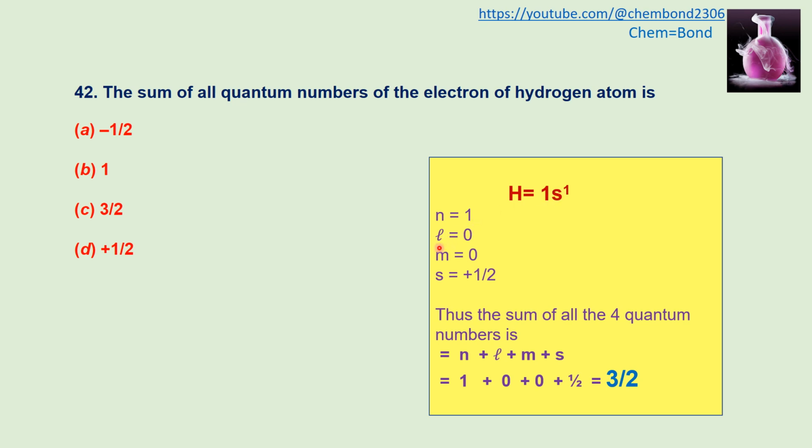If the azimuthal quantum number is 0, then the magnetic quantum number will be 0, and the spin will be plus half because it has only one electron with plus half spin. Summing n plus l plus m plus s, we get 1.5. So the answer is 3 by 2.